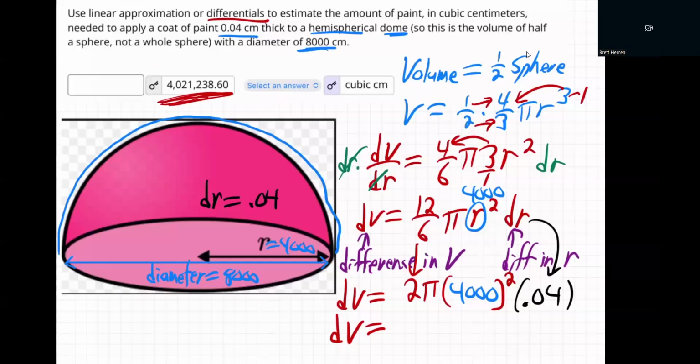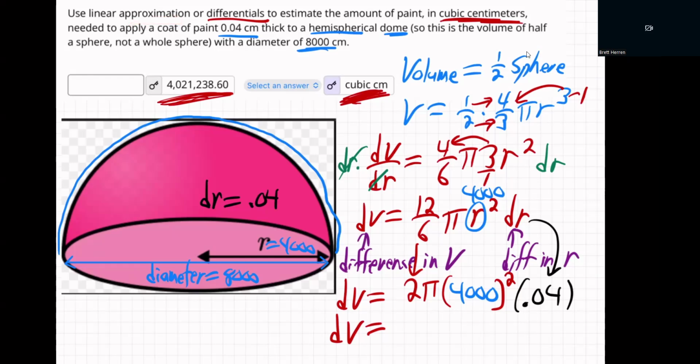Good enough. And that's cubic centimeters because that's volume, cubic units. Cubic centimeters of paint. That's an estimate.